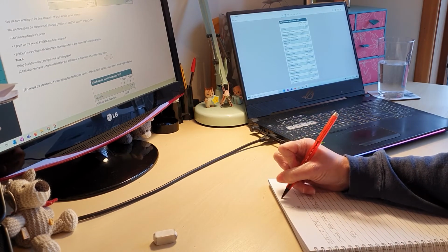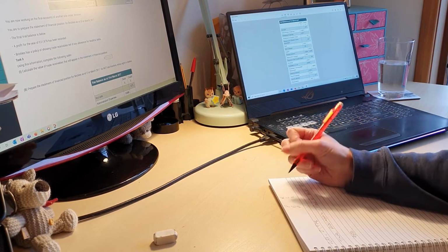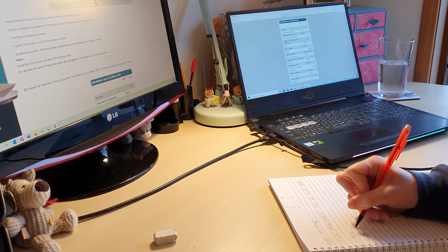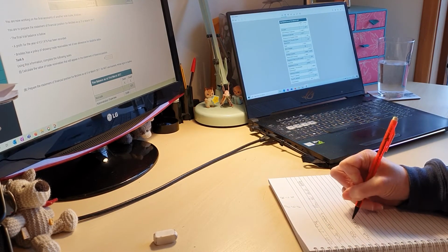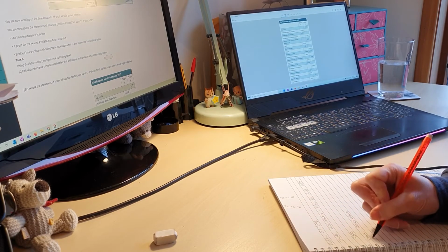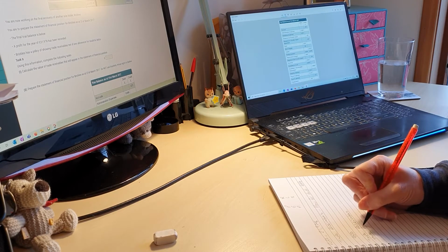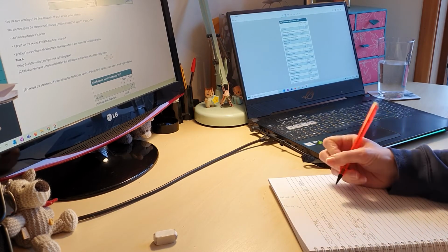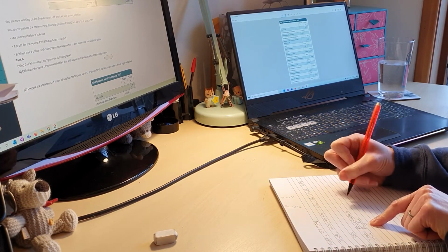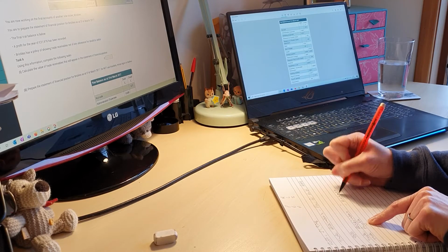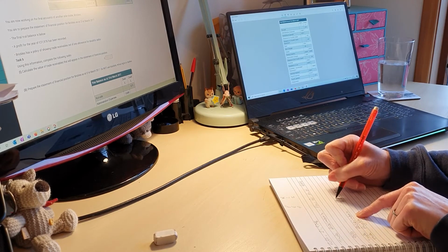Trade receivables. Trade payables is purchases. Trade receivables is sales.